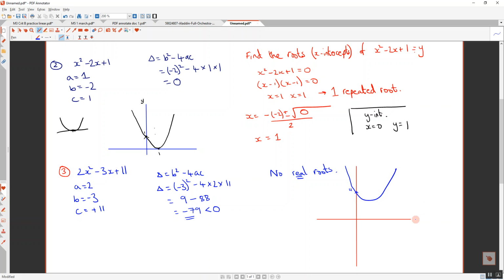But it does not cross the x-axis, because it has no real roots.